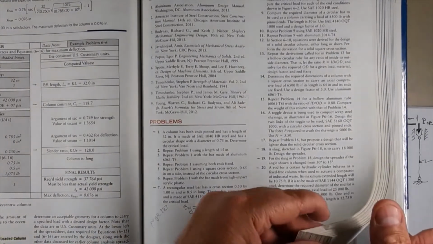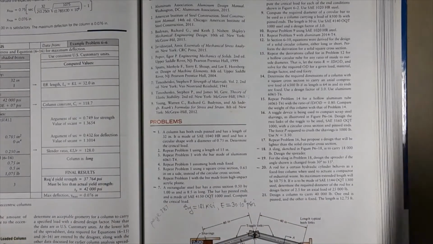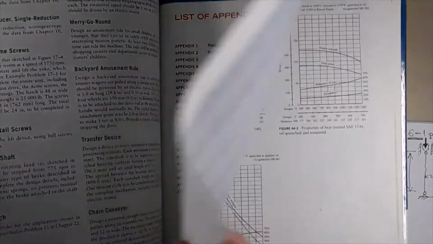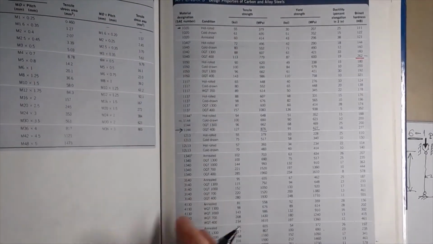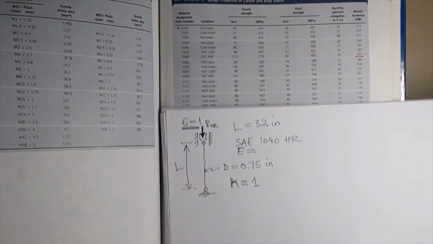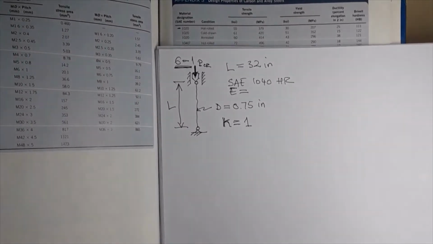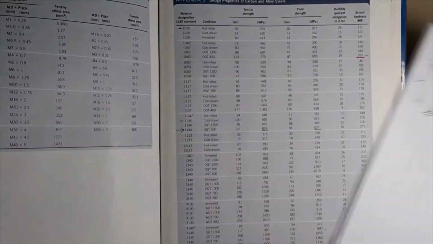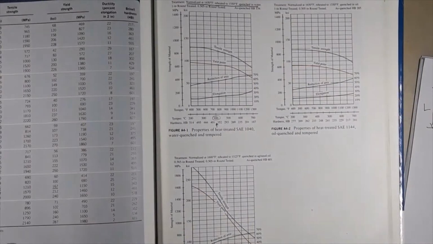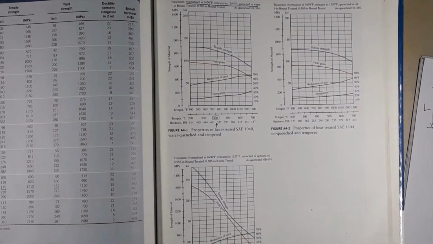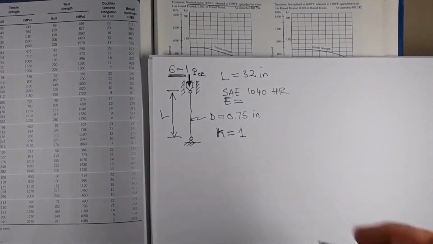Okay, so yeah, we're going to use Young's modulus, and also we're going to need for this material, 1040 hot rolled, Young's modulus. It's a footnote on page 788. Modulus of elasticity 30 times 10 to the power 6 psi.